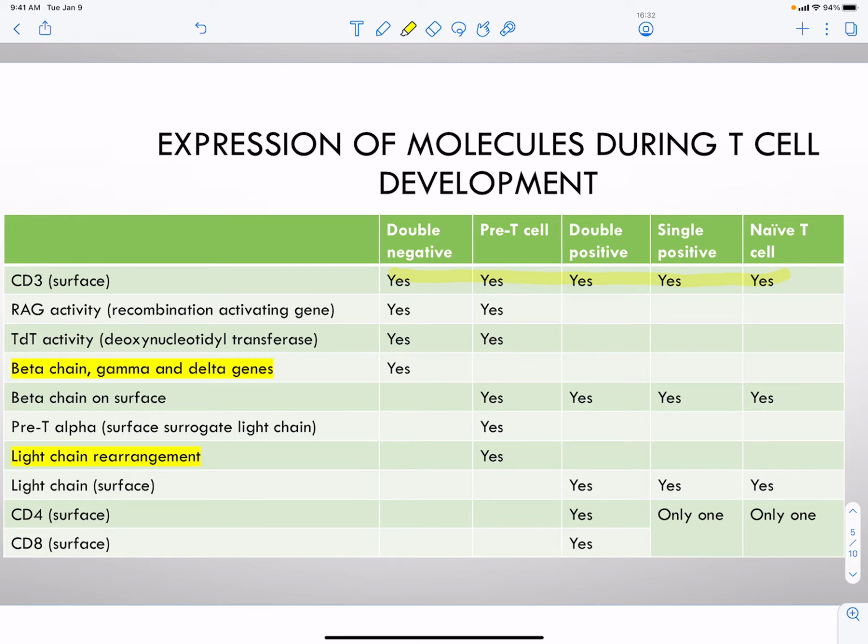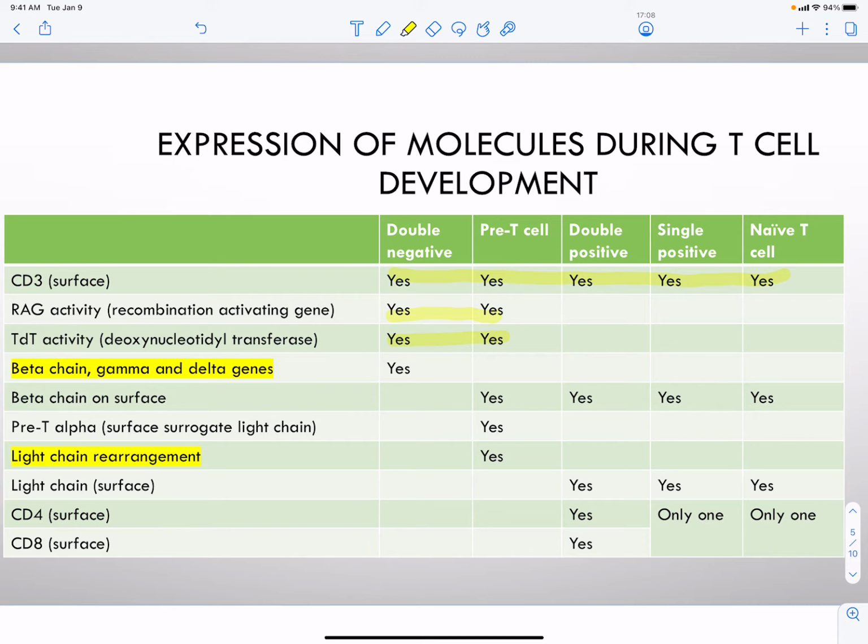Similar to the B cell receptor, when you're rearranging your VDJ or VJ rearrangements on your beta, delta, gamma, or alpha chains, you're going to have RAG activity, the recombination activating gene, and the deoxynucleotidyl transferase activity. But once you have a pre-T cell, or a double positive T cell, once you have an alpha beta chain or the gamma delta on the surface, those genes get turned off and are never turned on again.